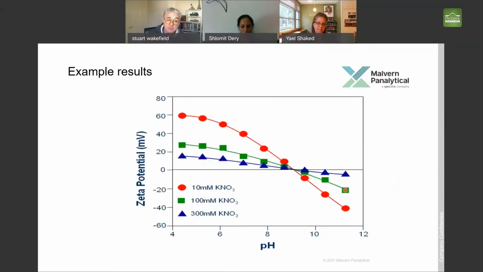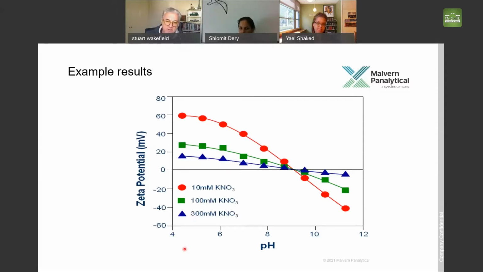And typically you might get a result like this. So here's an example of a particular dispersion, and all we've done here is measure the Zeta potential versus the pH, but each one of these samples has different amounts of additive in. So one has 10 millimolar KNO3, 100 and 300.